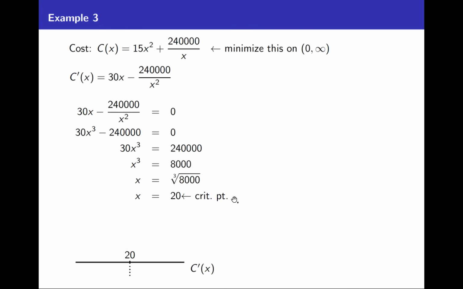So for that, we've got to use some techniques from Chapter 4. Let's try the first derivative test. So we take this critical point, we plot it on the number line, and let's take a test point in here.